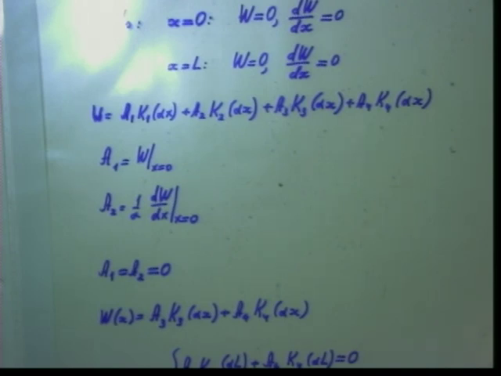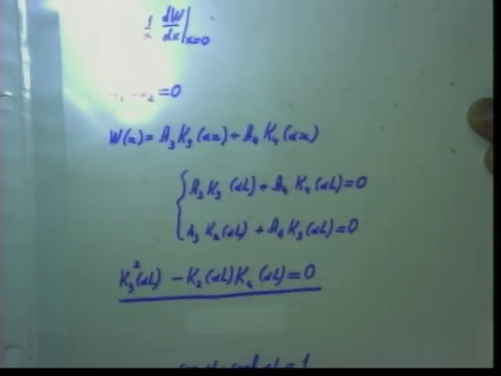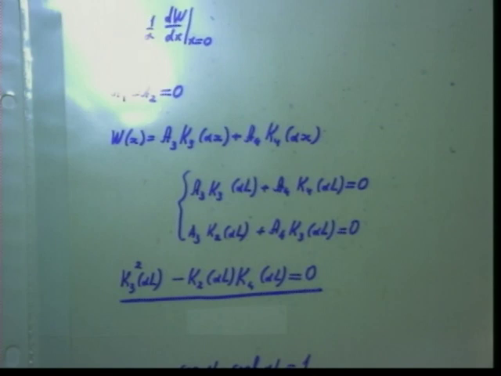So we are again left with the same expression W of x, but the expressions will be different: A3 K3 plus A4 K4. I think we appreciate that these K functions are simplifying matters unbelievably.